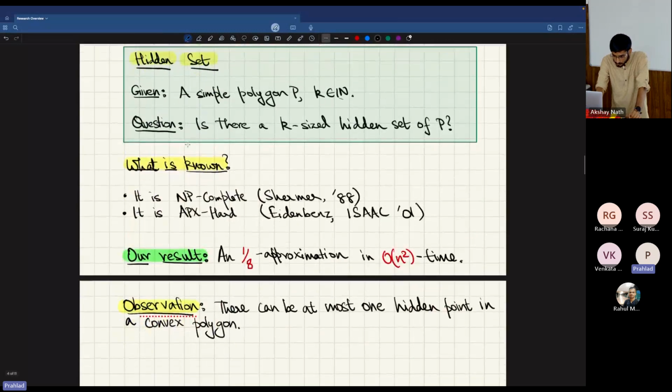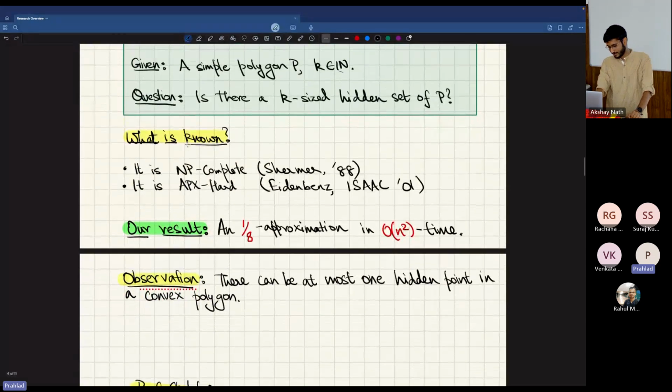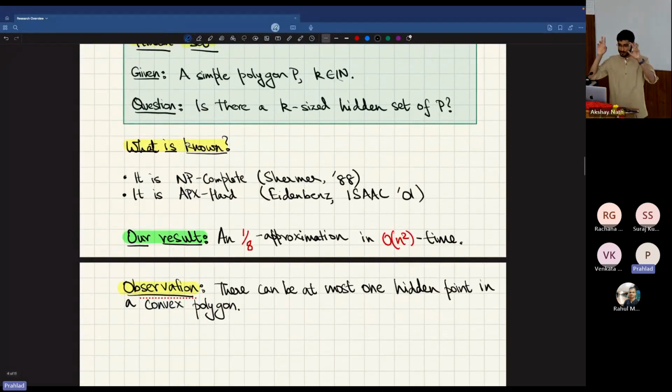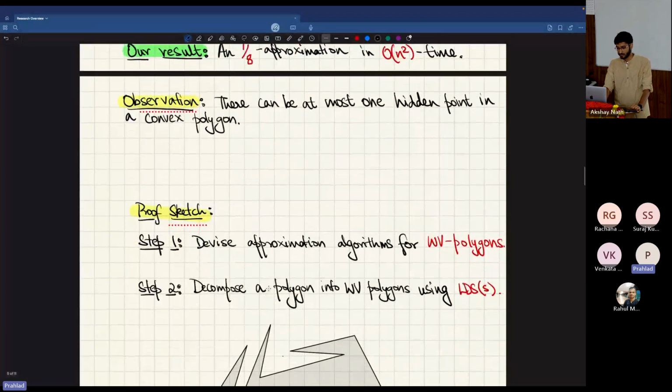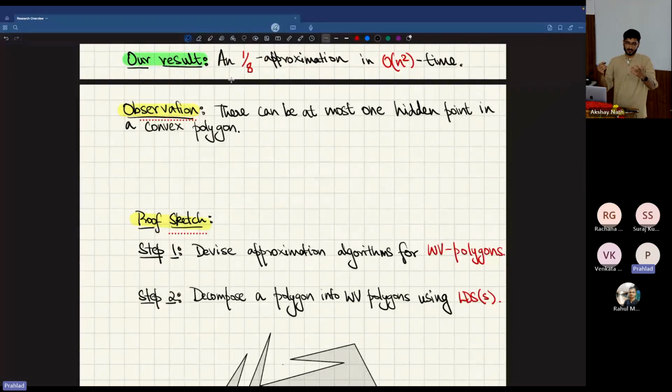So the first thing, and this is probably the only thing that we're going to prove, is the simple observation that there can be at most one hidden point in a convex polygon. If you take a convex polygon, any two points see each other. Therefore, you can write down an inequality, which is based on a duality argument.